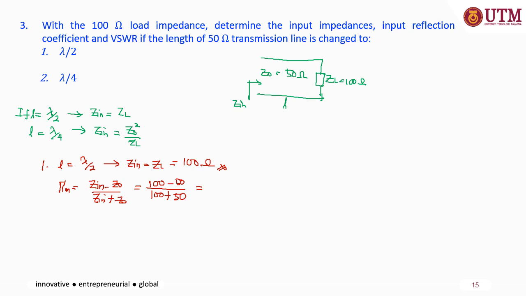So it is equal to 0.33. The third one is the VSWR. So again, 1 plus magnitude of reflection coefficient, 1 plus 0.33 divided by 1 minus 0.33. It is equal to 2.